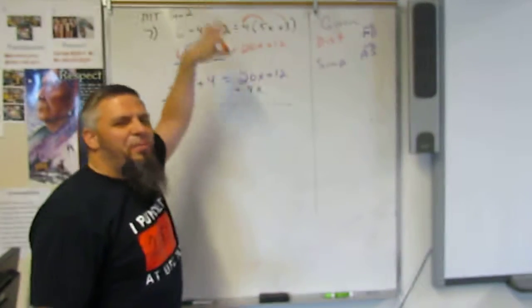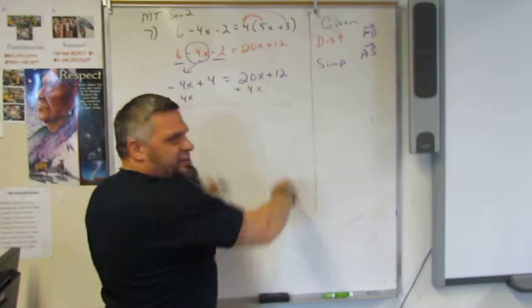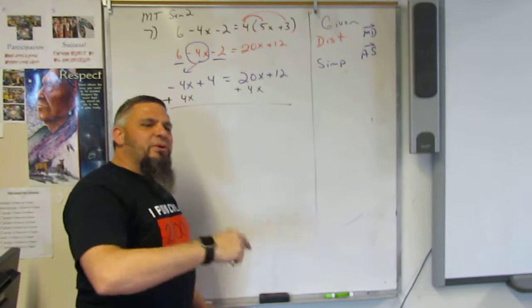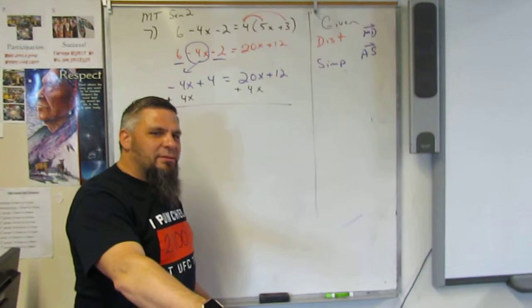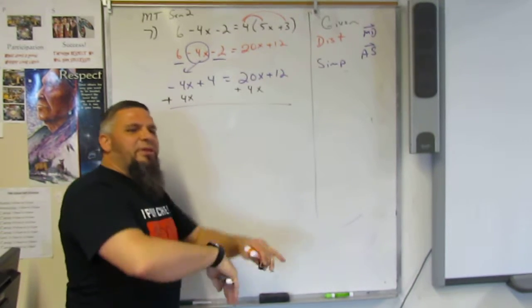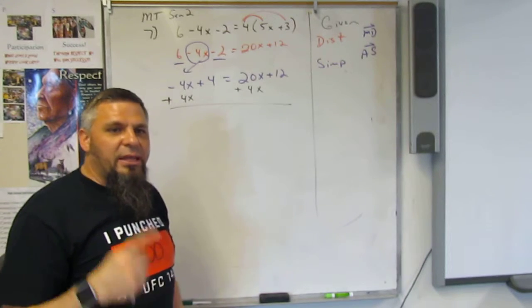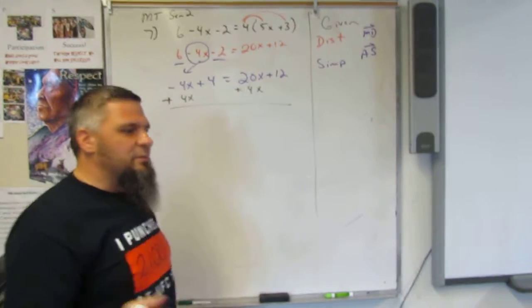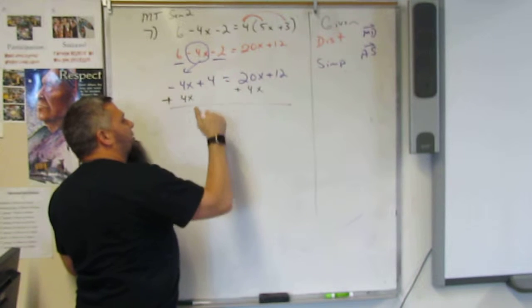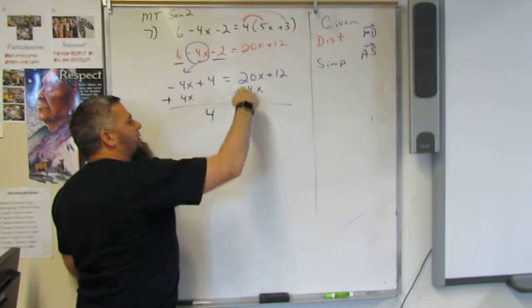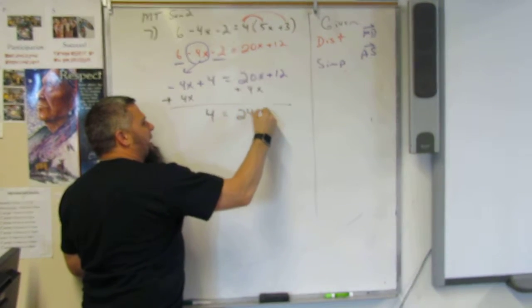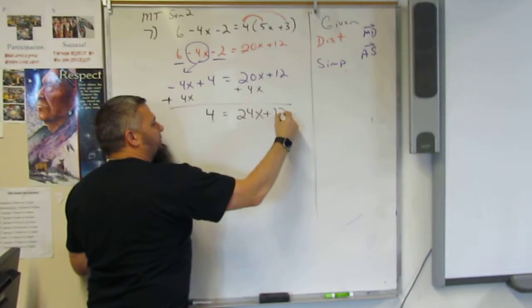This will always be positive, as long as there's two x's. When you move the lowest x, the x you end up with is positive every single time. And then you don't have to worry about flipping the sign. So this will be 4, and this is equal to 24x plus 12.